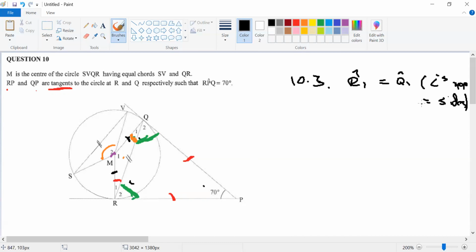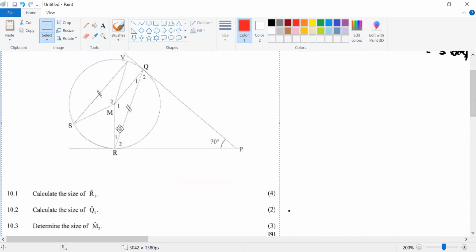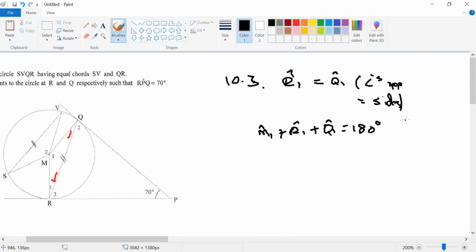And from here, what I can say is that within this triangle that I have, because I know what R1 is and I know what Q1 is, using sum of angles in the triangle, I can easily determine what M1 is. So my next step is to set up that equation, which would state that angle M1 plus angle R1 plus angle Q1 is equal to 180 degrees. And that's all within the same triangle. So my reason is just sum of angles in a triangle.